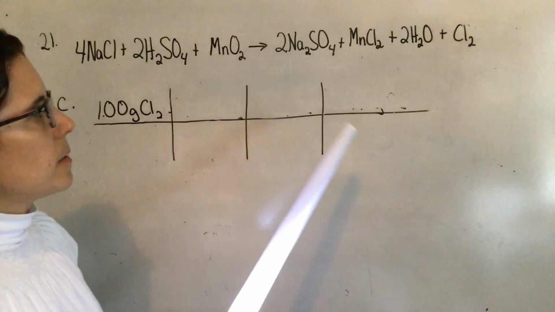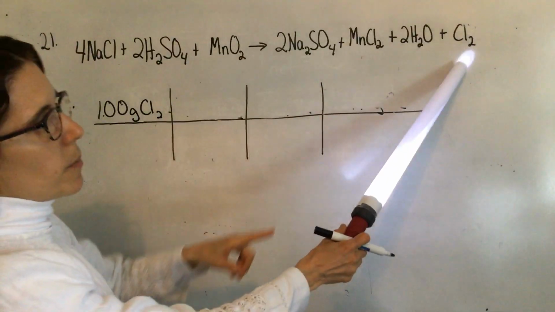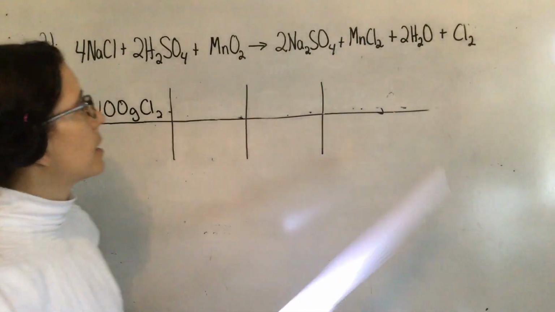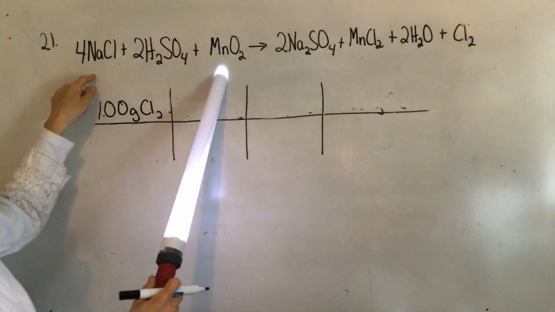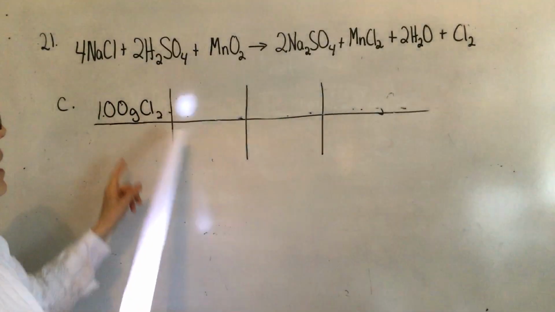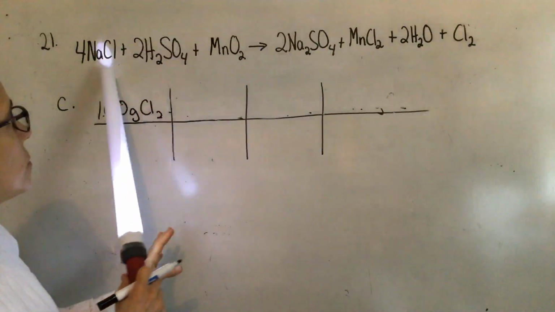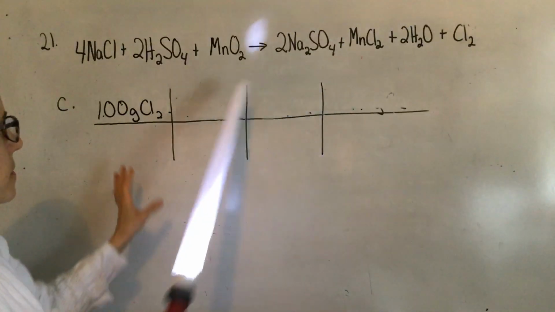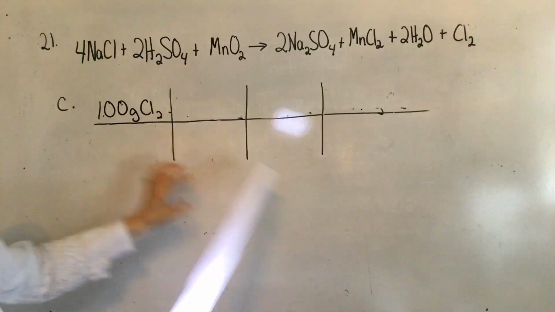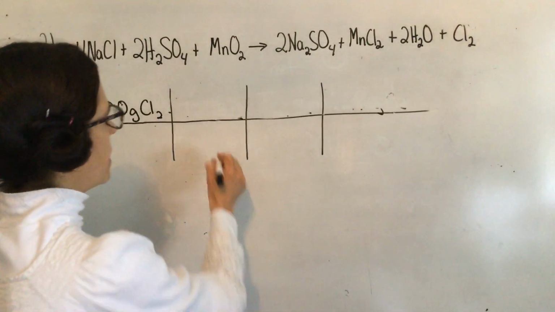That doesn't really matter. It could give you one product and ask about another product. It can give you a reactant and ask about another reactant, or vice versa. Doesn't matter what it's asking you to convert to in the equation. You just write down the number and then you go through the same process.